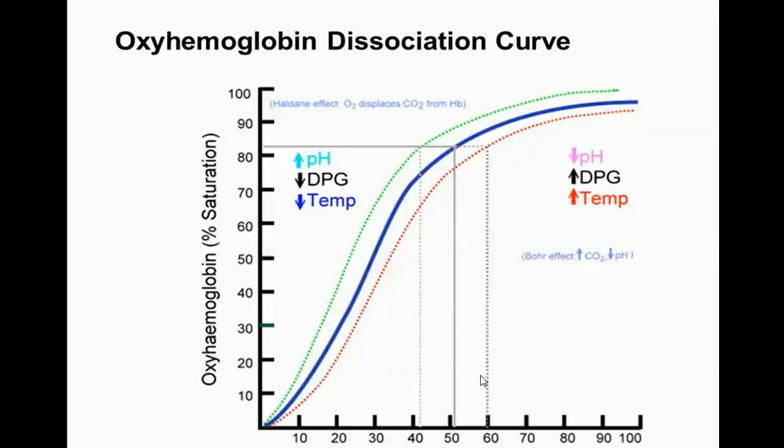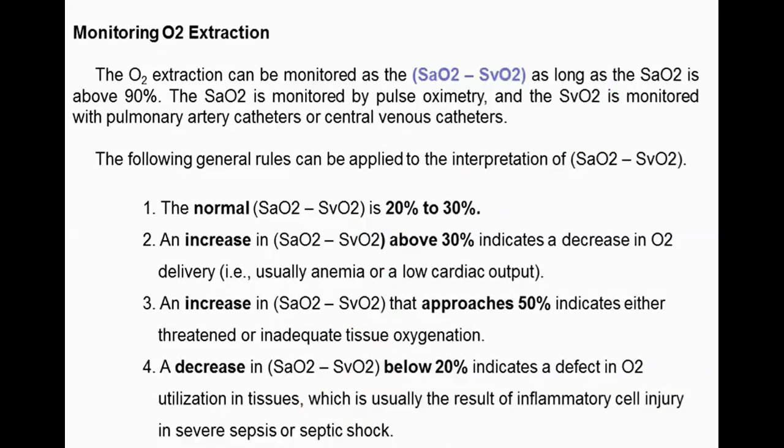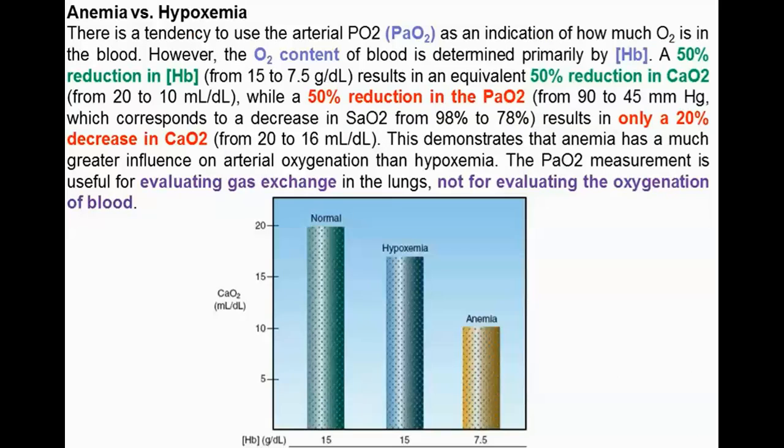With the blue curve here, which is normal, when PO2 is 60, saturation becomes about 90. When PO2 is 90, saturation is about 100.